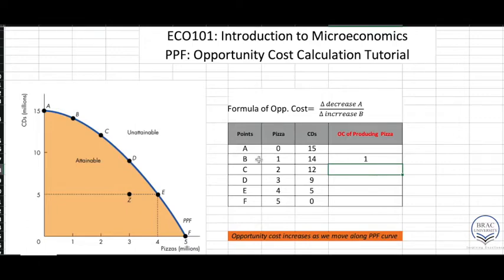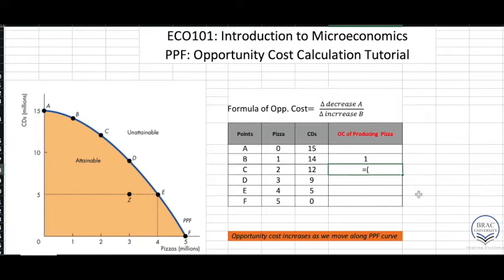Next, when we move from point B to C, let's see what happens. The same application holds. Once again, when we are moving from point B to point C, as you can see in the graph as well, we are producing more pizza and fewer CDs. So let's see how this works.